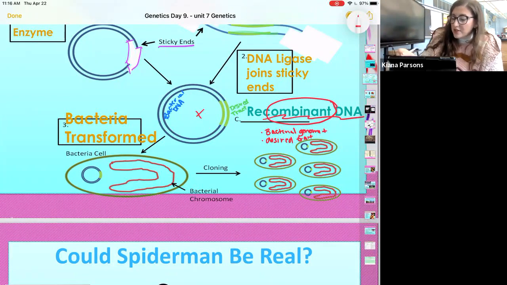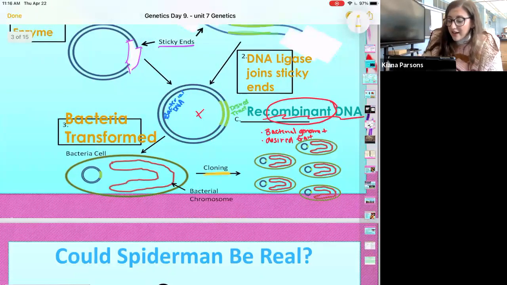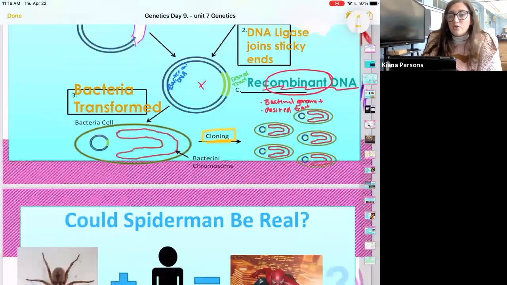We can do this through cloning. Human beings were really good at cloning bacteria because bacteria is easy. Bacteria does not have a sophisticated genome, or at least as sophisticated as humans. So we can go right into that plasmid and we can make many copies of this new trait.